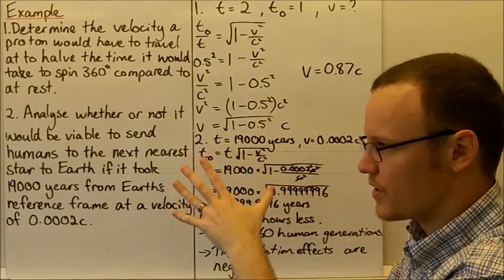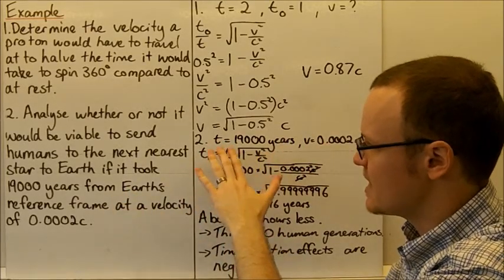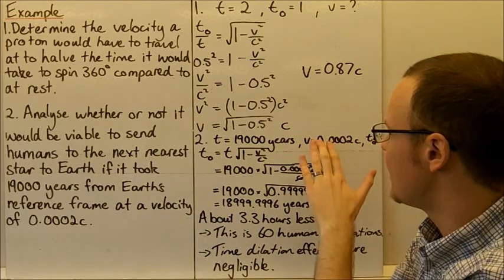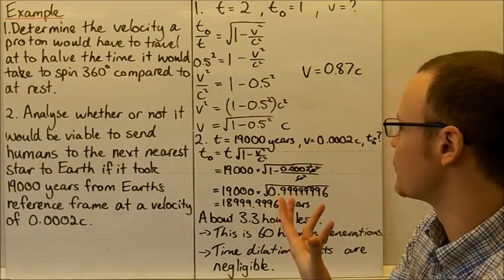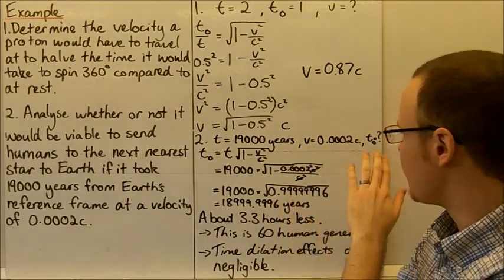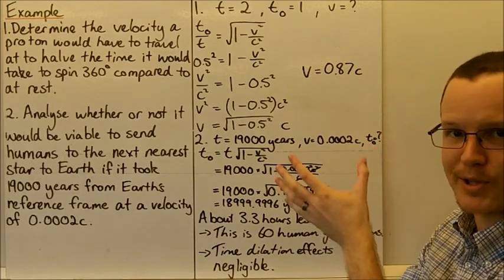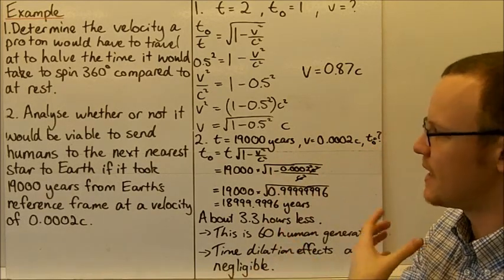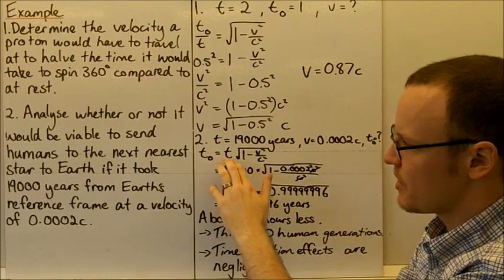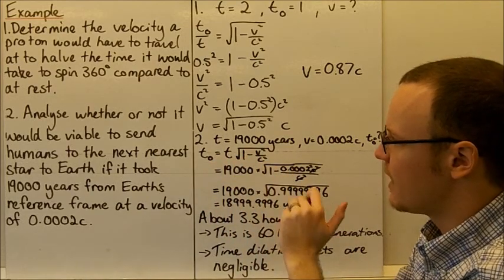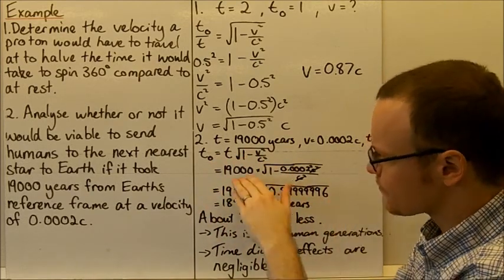So in the Earth's reference frame, t is going to be 19,000 years. The velocity is 0.0002 c, and we're looking to find the proper time that's going to be aboard the spaceship. So proper time is going to be t multiplied by the inverse of the Lorentz factor here.